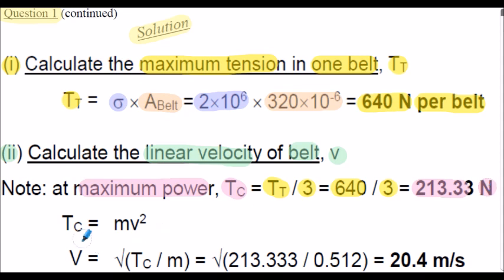We also know that Tc is equal to the mass per unit length multiplied by the belt linear velocity squared. So rearranging for V, in other words dividing both sides by m and then square rooting, V is equal to the square root of Tc divided by m. Inserting the values, our belt linear velocity is 20.4 meters per second.